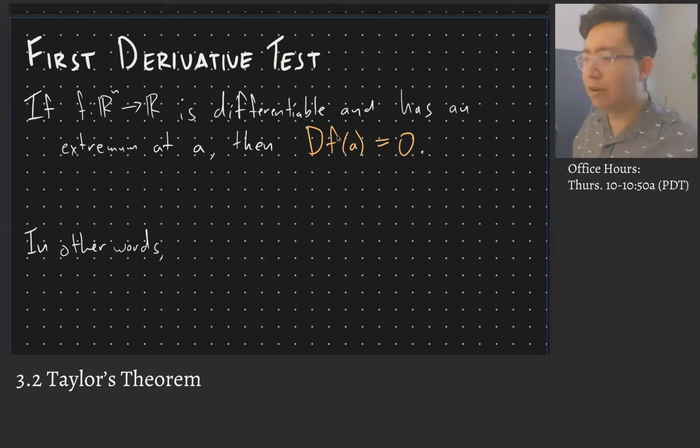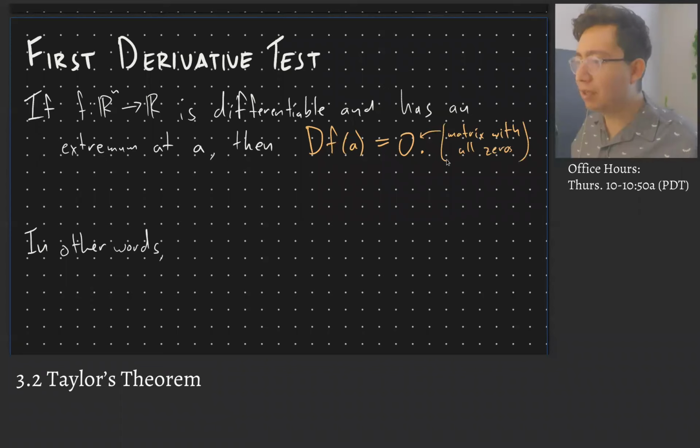Now notice that the total derivative here should be a matrix, so this is the 0 matrix, the matrix with all zeros. And I say matrix, but this is scalar valued, so it's just going to be a row matrix.